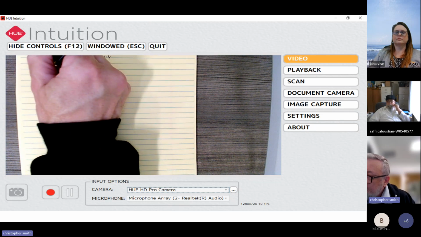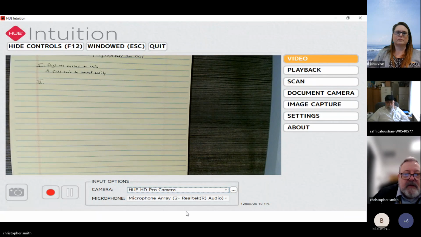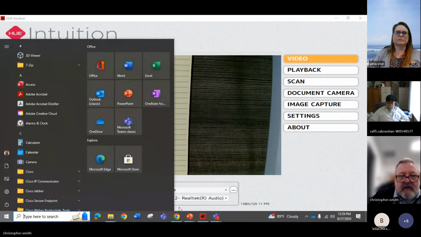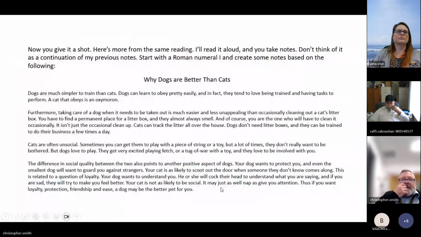And then for our Roman numeral 2, someone else, what might be our Roman numeral 2? Just look at the paragraph.